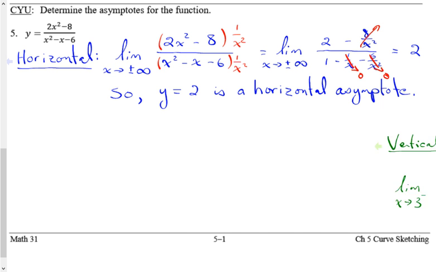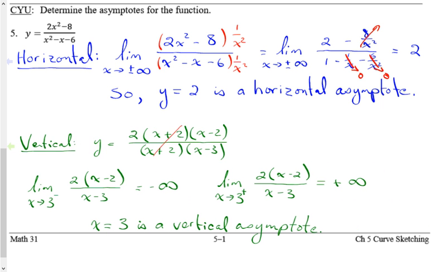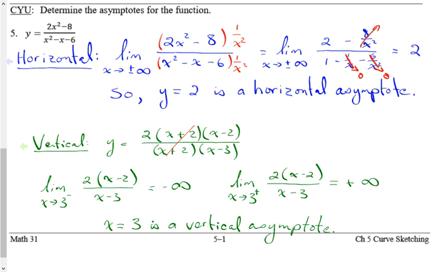Then for the vertical asymptote, first, notice for the horizontal asymptote, it's most useful if my numerator and denominator are in expanded form. For vertical asymptotes, factored form is better. So I factor it, find a common factor. Since it cancels out that x plus 2, I have a non-permissible value.